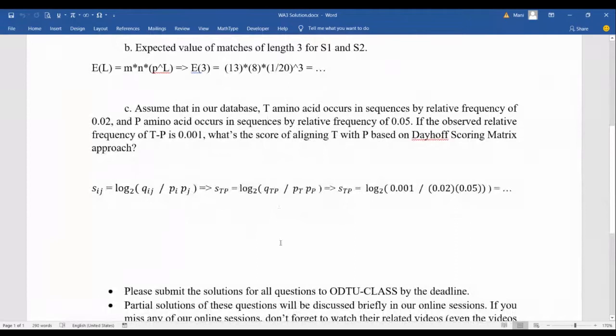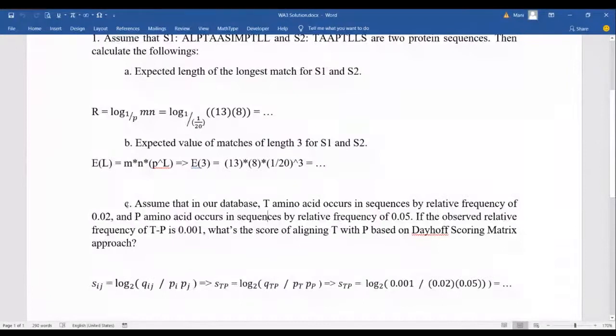All right, part C. Assume that in our database, T amino acid occurs in sequences by relative frequency of 2%, and P amino acid occurs in sequences by relative frequency of 5%. See, the difference between item C with A and B is that now not all of them are 1 over 20.